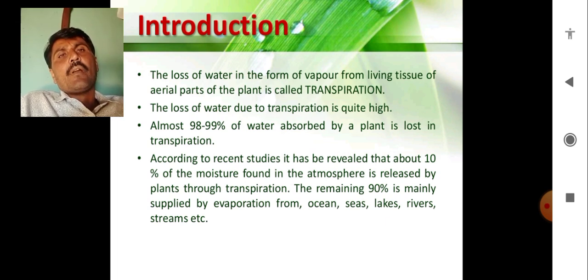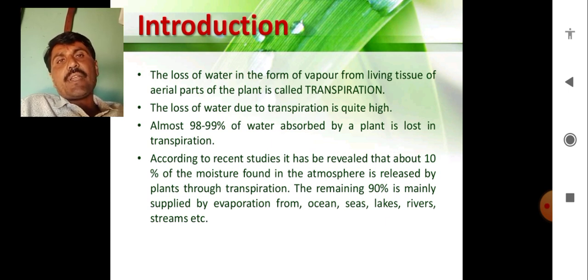Sap is the minerals as well as the water molecules that combinedly pass through this pathway to each and every part or tissue of a plant.